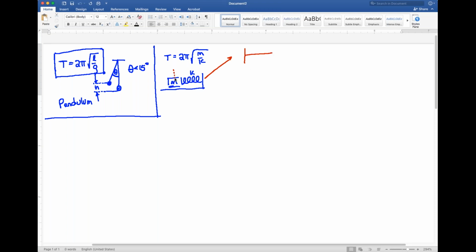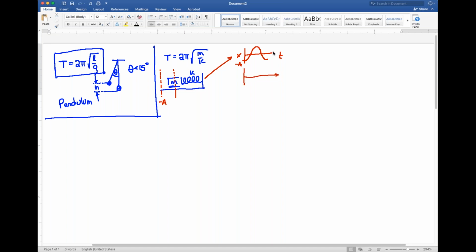You've got to pay attention to this stuff. If we start by pushing it over to the left, that would give us a starting position of negative A, which means that our position versus time graph would start at negative A, and we'd get this negative cosine function.